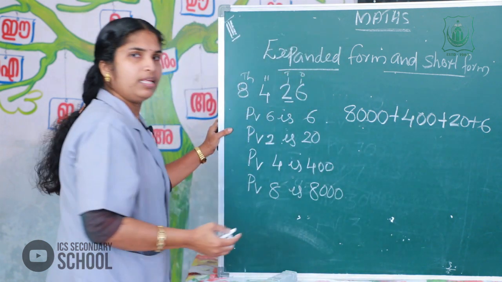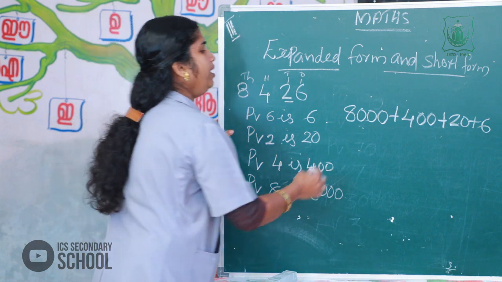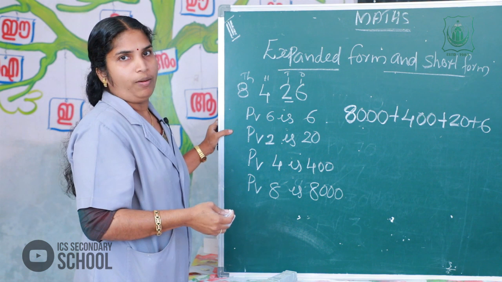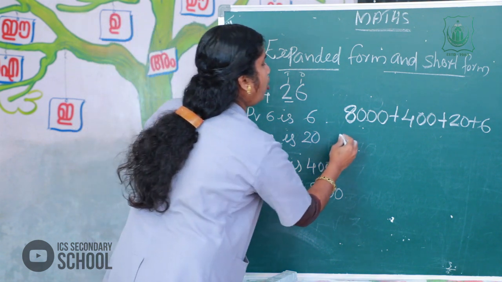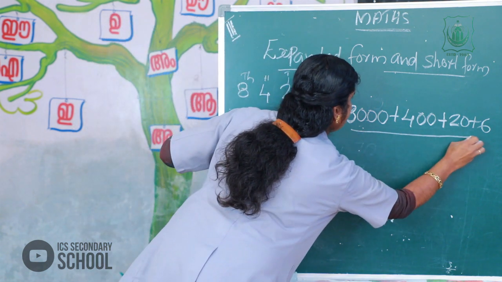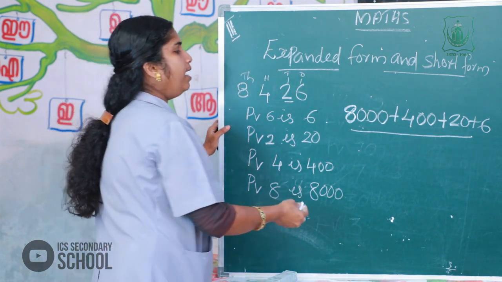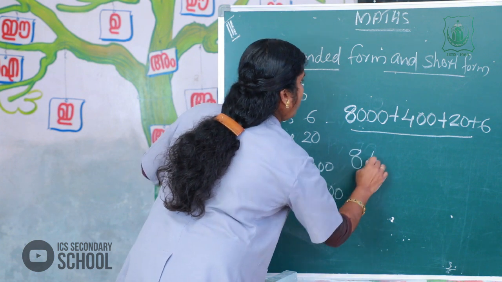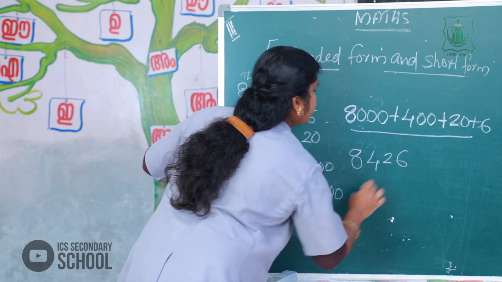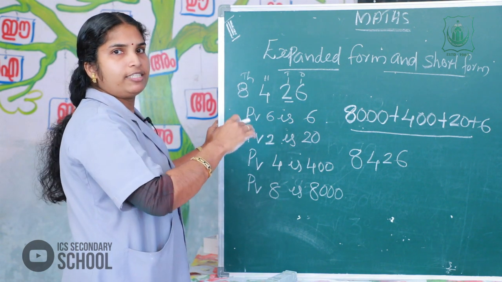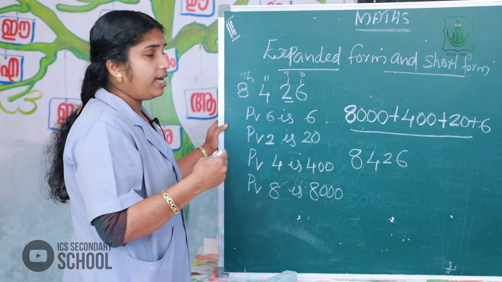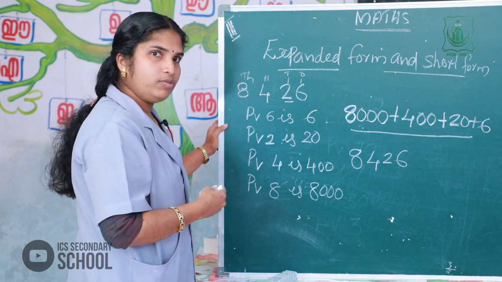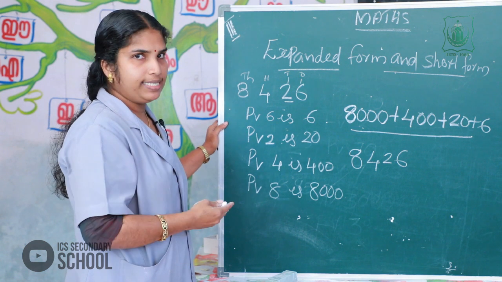8420 plus 6. We write it like this, and this is the expanded form. When these are added together, we get 8426.